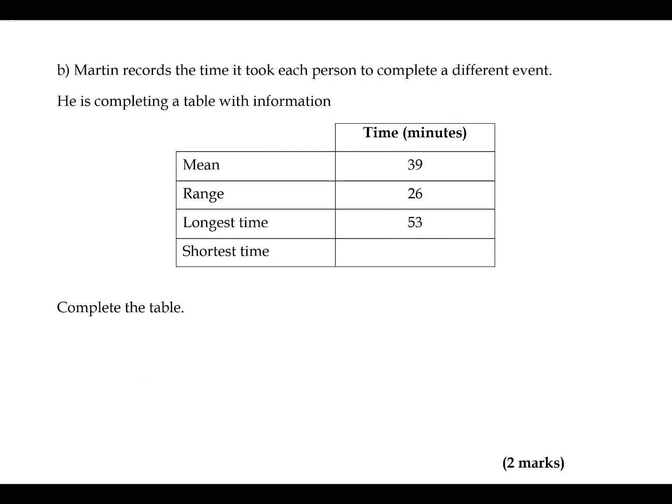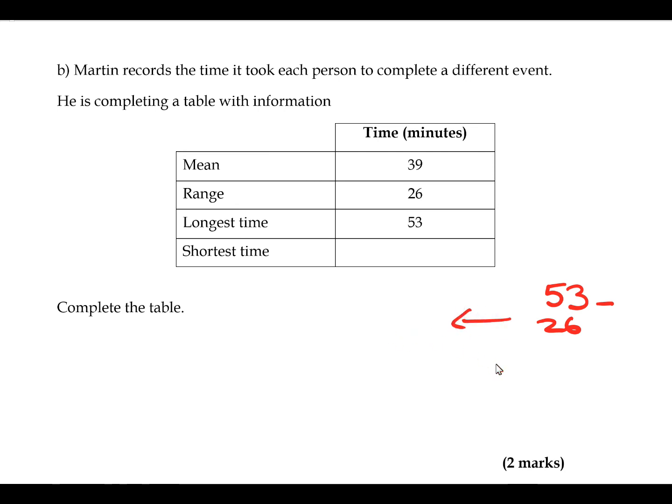Part B. Martin records the time it took each person to complete a different event. He is completing a table with the information. So we have the mean, the range, the longest and the shortest times. So the mean time is 39, the range is 26, and the longest time is 53 minutes. So to get the shortest time, you take the longest time and take away the 26, which is the range, to give us the bottom end of our range.